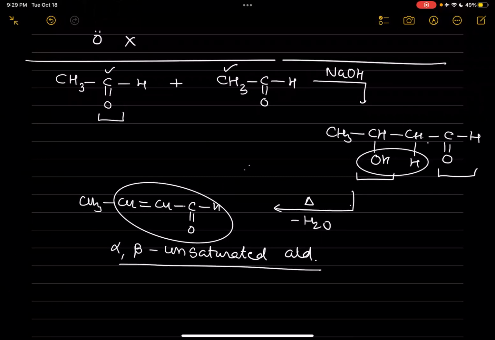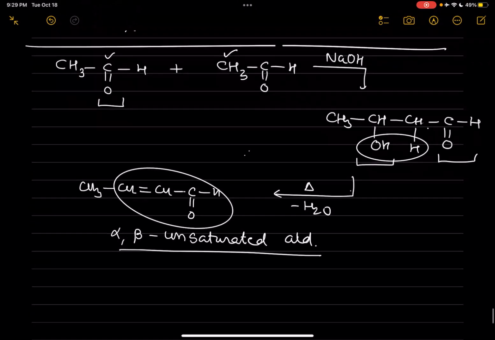This one has no special name, just the common name, alpha beta unsaturated. So if heat is given directly, you will come down to this, but you are removing the active hydrogen, the alpha hydrogen. That's why the alpha hydrogen is required. Without alpha hydrogen, this is not going to happen.